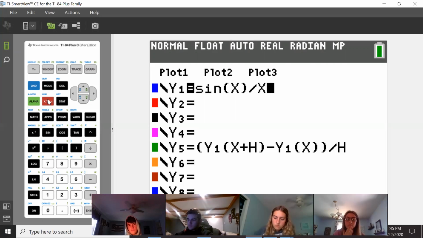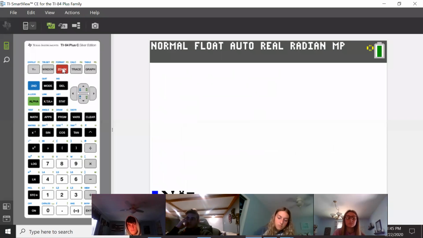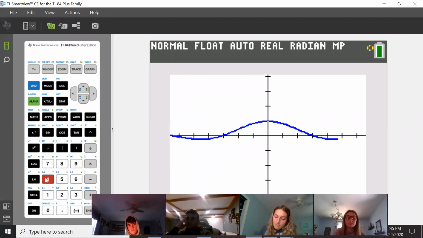Now think about what that means. It means the sine wave divided by the input. So as you go to the right, all your heights are going to be divided by how far you went to the right. And this graph, as you go to the right and left, is going to get closer and closer to hugging the x-axis. And there's your picture, okay?